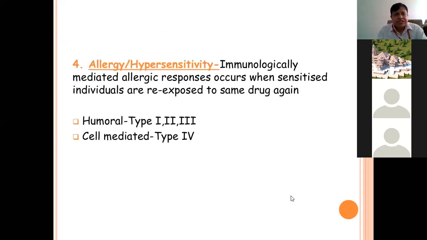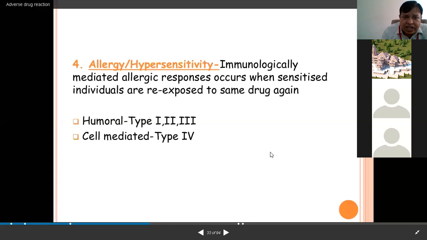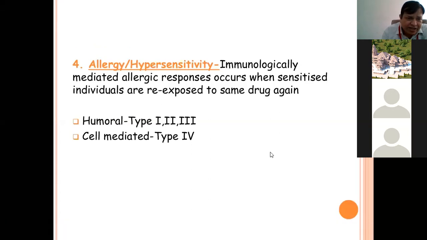Now, fourth is hypersensitivity and allergy condition. Here, an immunologically mediated allergic response occurs when sensitized individuals are re-exposed to the same drug again.